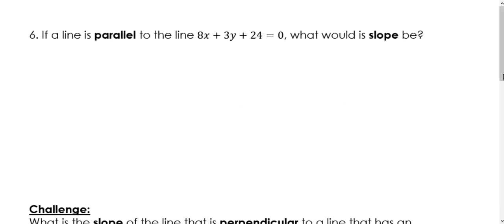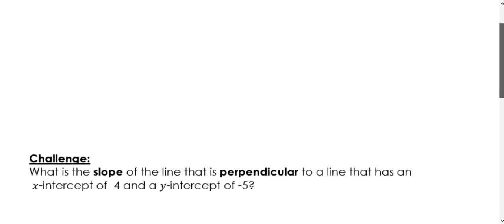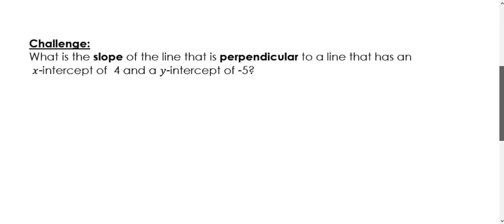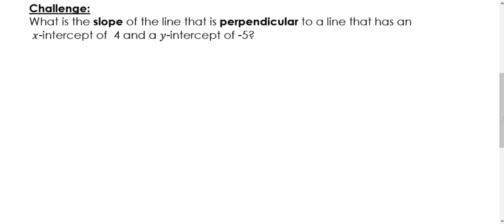Okay, just to keep those minds moving forward. I'm going to skip number 6, and if you want to do it, let me know. But here's the challenge. What is the slope of a line that is perpendicular to a line that has an x-intercept of 4 and a y-intercept of -5?